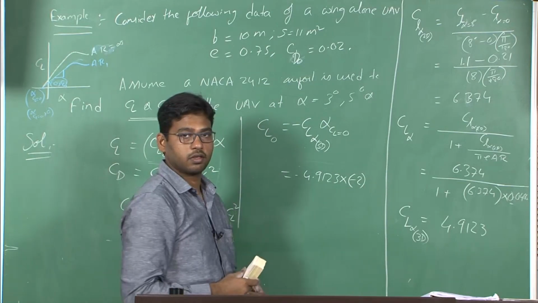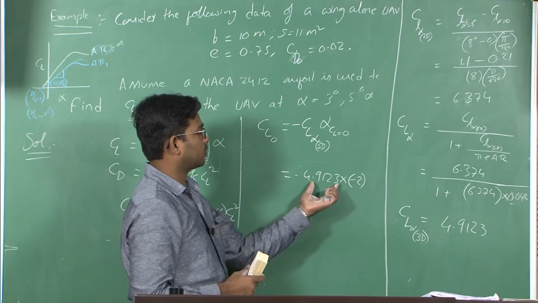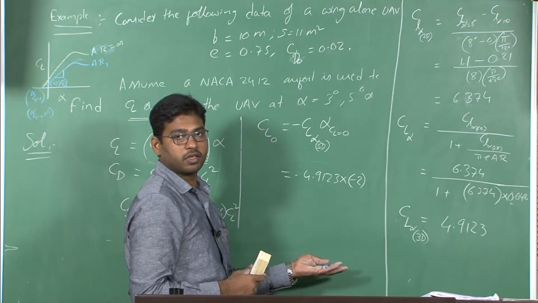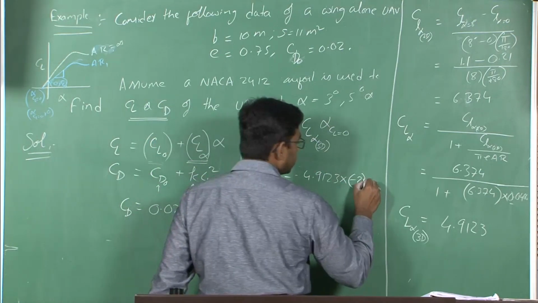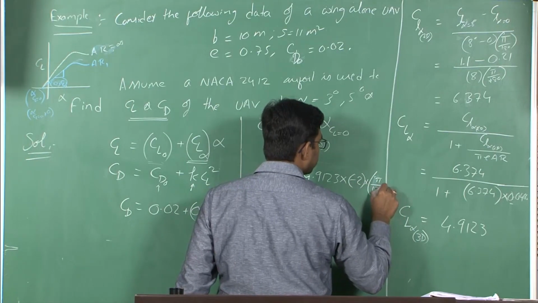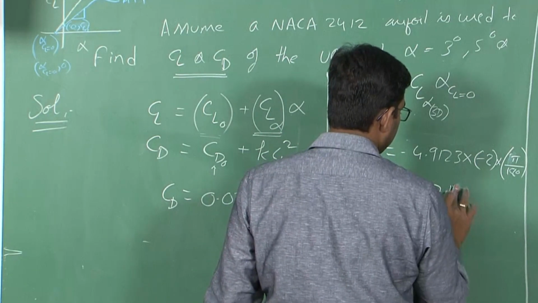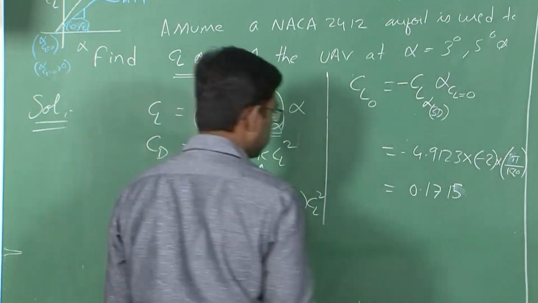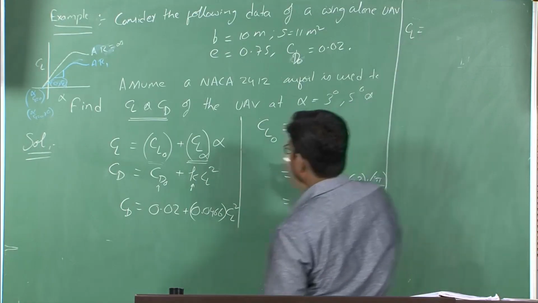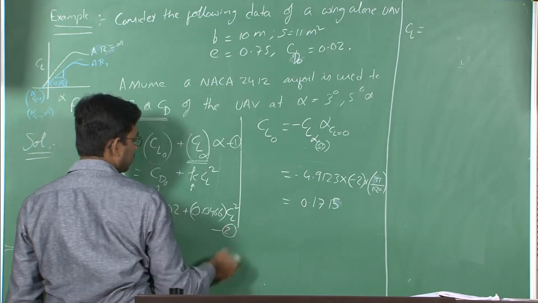We considered CL alpha as 4.9123 per radian, so you need to convert this alpha from degrees to radians. So this is 2 into pi by 180, which gives CL naught of 0.1715. Now substitute this in this equation, say this is your 1 and this is your 2, right.